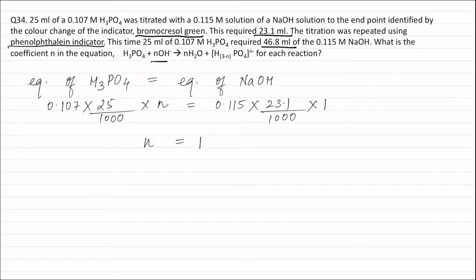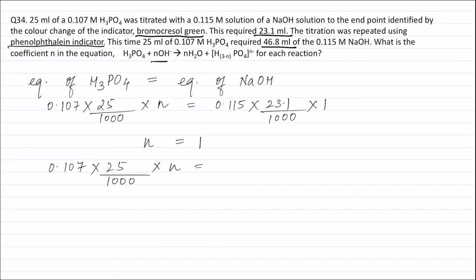Similarly, when the titration was repeated using phenolphthalein indicator, equivalents of H3PO4 is equal to equivalents of NaOH, and equivalents of H3PO4 will be equal to 0.107 into 25 by 1000 into n, where 0.107 is the molarity of H3PO4, 25 by 1000 liters is the volume of H3PO4, and n is the valency factor of H3PO4.